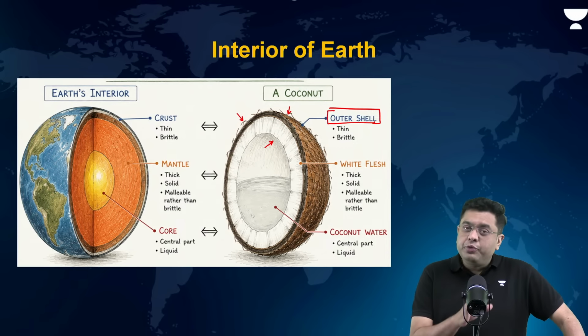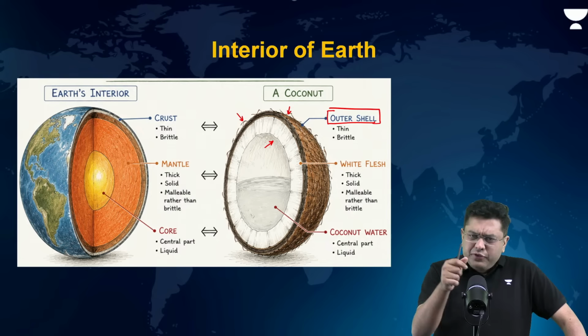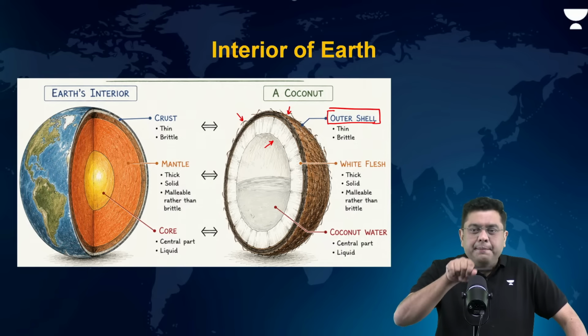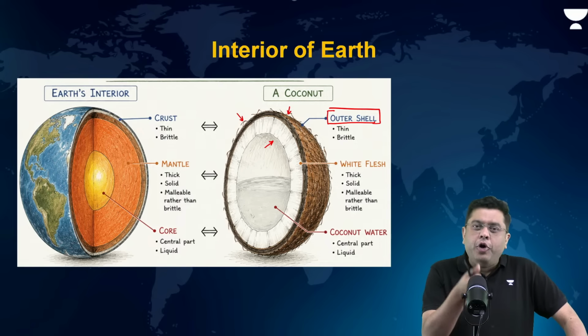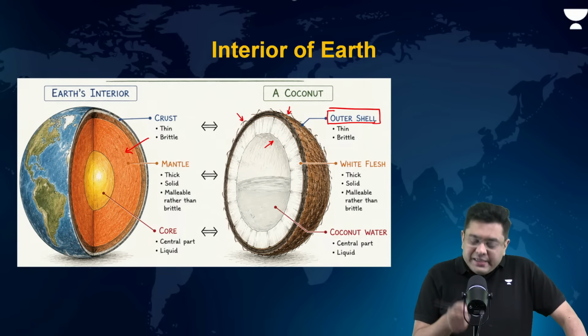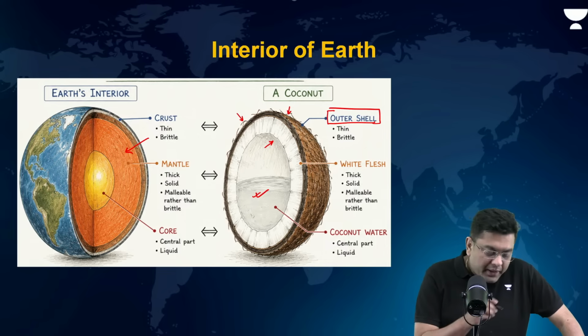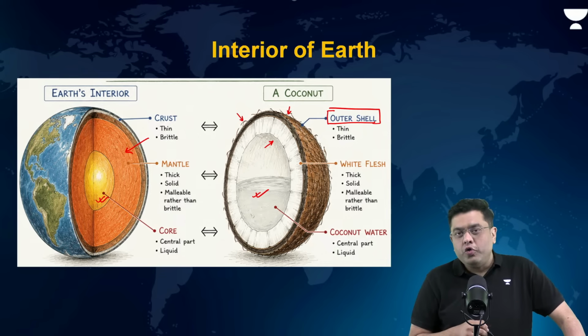Now, this whitish flesh, if you press it, it does not break, it gets compressed, right? So, rather than breaking, it deforms. Same is the case with your portion of mantle. And just like the coconut, the inner portion holds the liquid. Similarly, the inner portion holds the liquid, and that is your core.